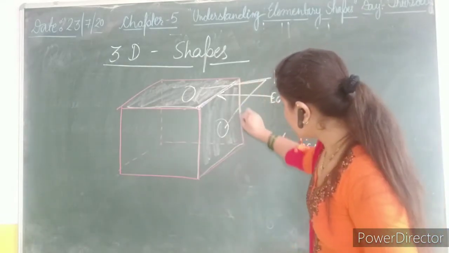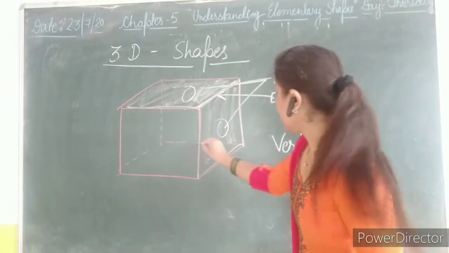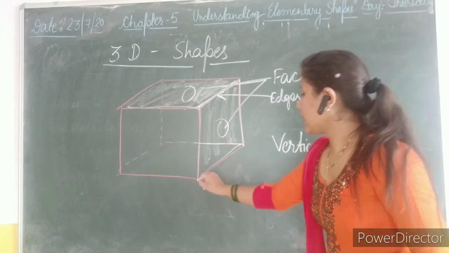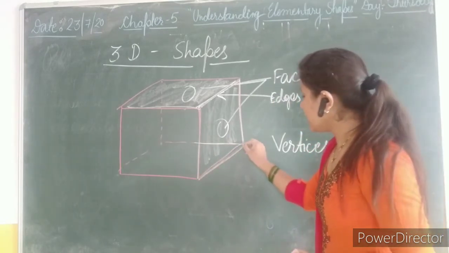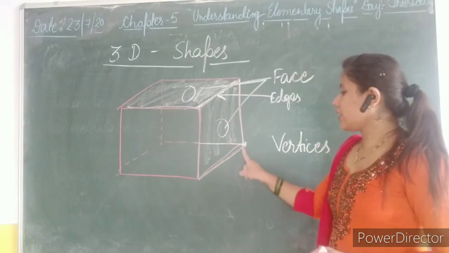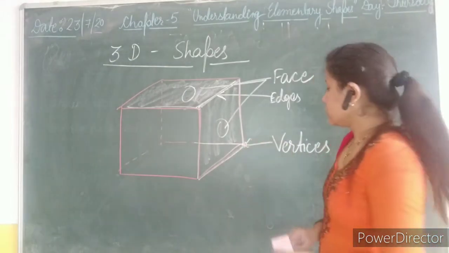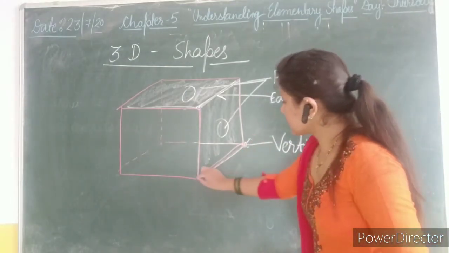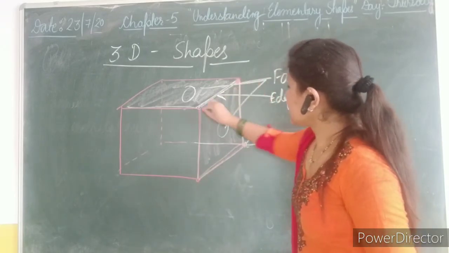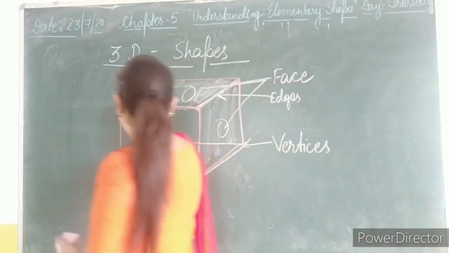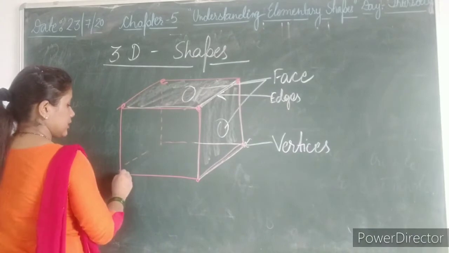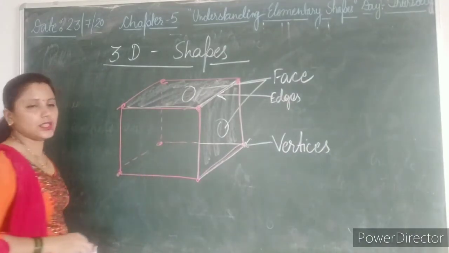So here this one is your edge, this one is your edge, and this one also your edge, and all 3 edges are joined together here. So that is your vertices. Okay. So this is your vertices. Vertex, vertex, vertex, vertex, vertex, vertex.